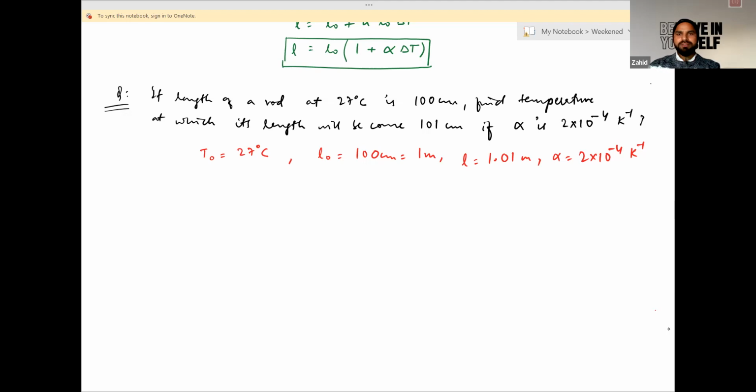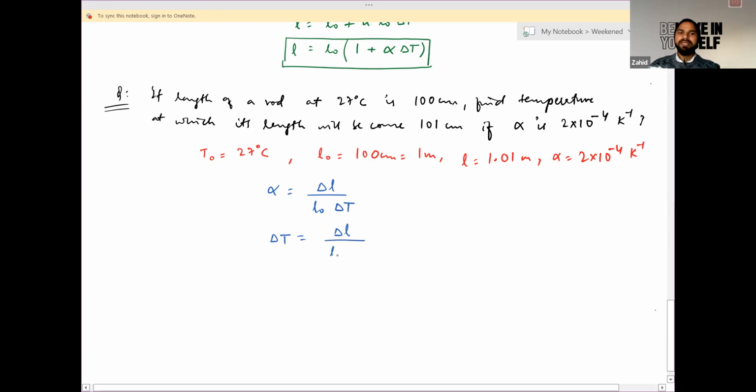Let me show you how to simplify it in a simpler way. You can write alpha equals delta L over L naught times delta T. Move this delta T to the left side and alpha to the right side. So you may write delta T equals delta L divided by L naught times alpha. Now put all the values. Delta T is the temperature difference, so it will be T minus T naught, which is 27.